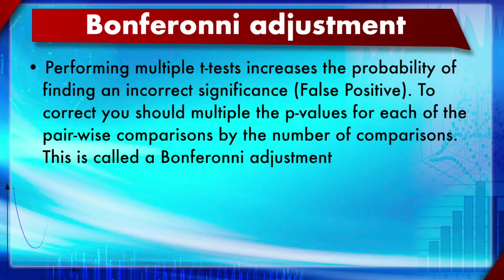In this case we are comparing with 6 different unpaired t-tests, so 6 is the total number of comparisons. You multiply the unadjusted p-value by the total number of comparisons, that is 6, and then you get the Bonferroni adjusted p-value.